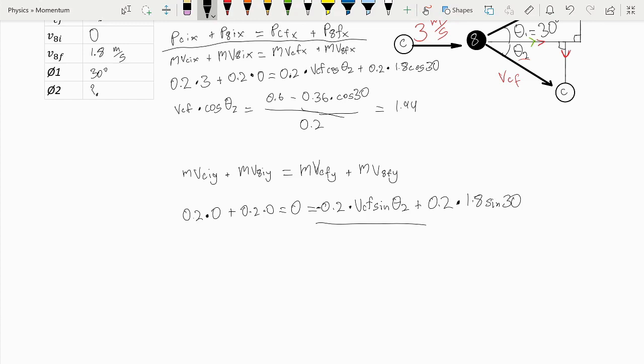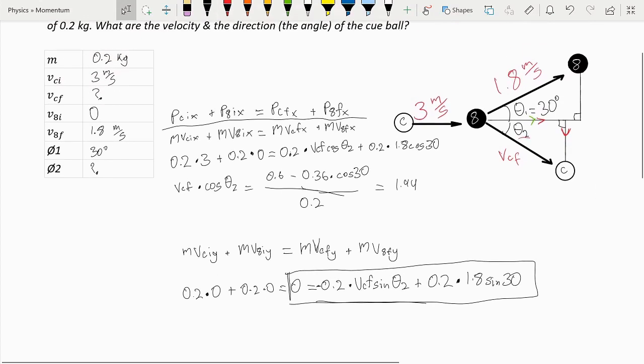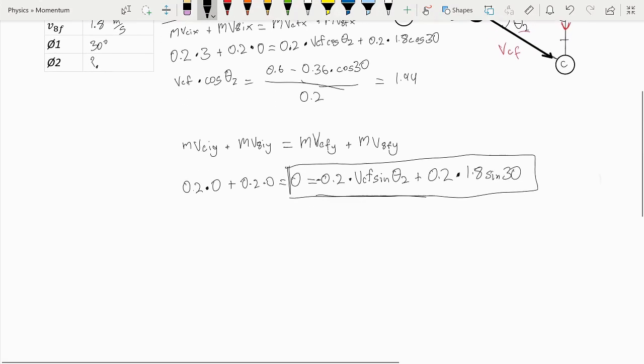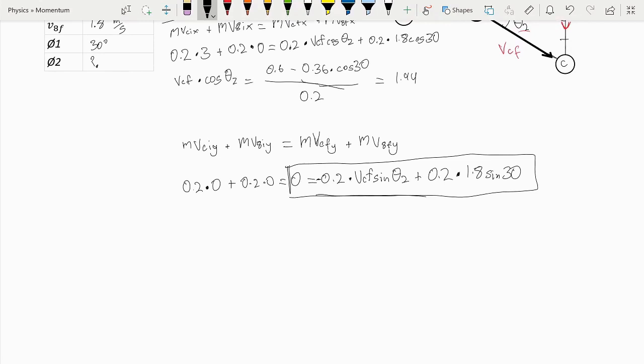So if we solved this equation over here, well, for one thing, 0 is equal to these two things added together, which means that these two things are equal. So one thing that we can add in our diagram is that these two sides, if we made a triangle out of them, that these two sides are the same because they add up equal to 0.